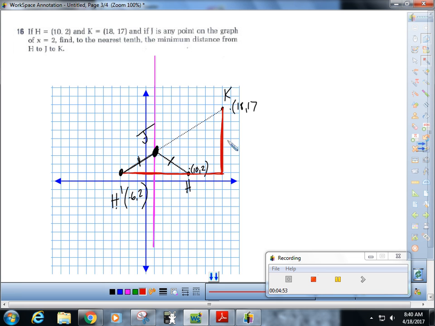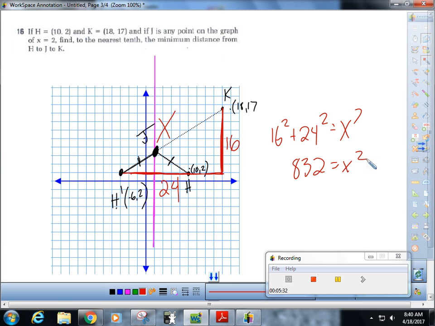Let's see, this is going to be 16, right? Yep. And this is 2, 4, 6, 8, 10, 12, 14, 16, 18, 20, 22. This is going to be 24, and that's what we're looking for. So 16 squared plus 24 squared equals x squared. 16 squared plus 24 squared is 832.